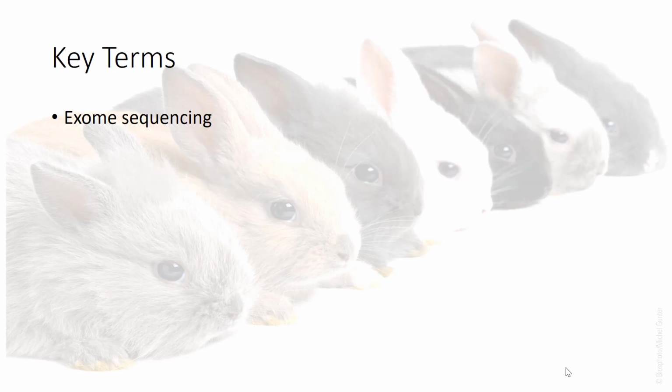All right, first key term, exome sequencing. We've talked about some of the issues with sequencing the entire genome. One is that we have gaps in the genome that haven't been fully sequenced. We have an enormous amount of variation, but we have mostly just the same information from one individual to the next.